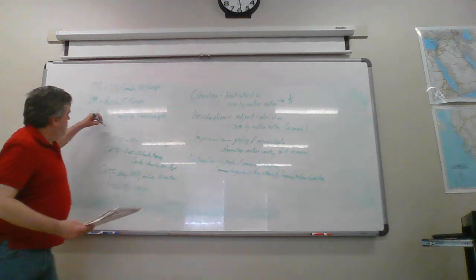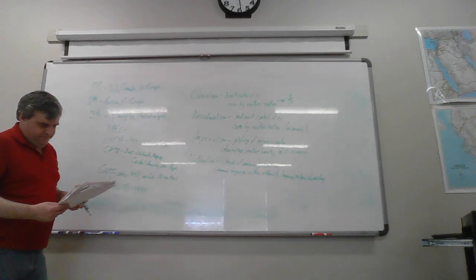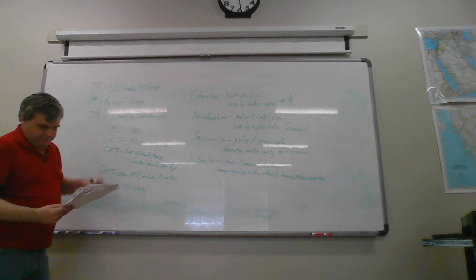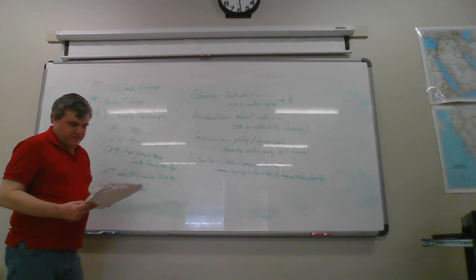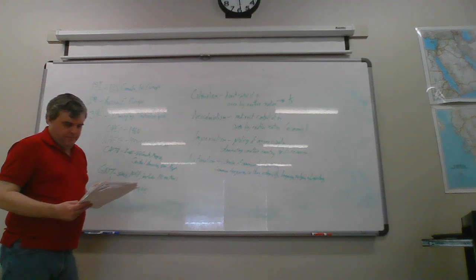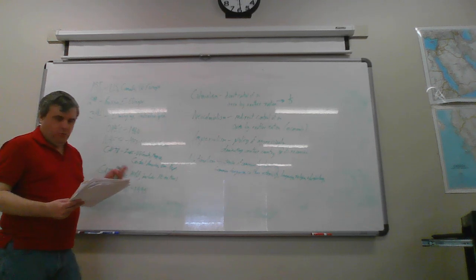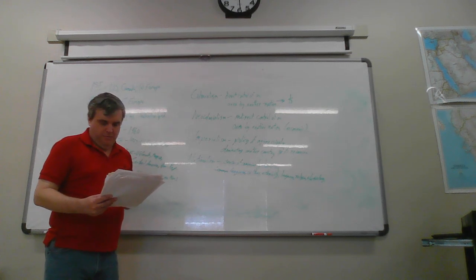Another one is OPEC, the Organization of Petroleum Exporting Countries. It's founded in 1960. It comprises 11 of the major oil exporting nations, often described as developing nations. These nations include Iran, Iraq, Kuwait, Venezuela, Saudi Arabia.